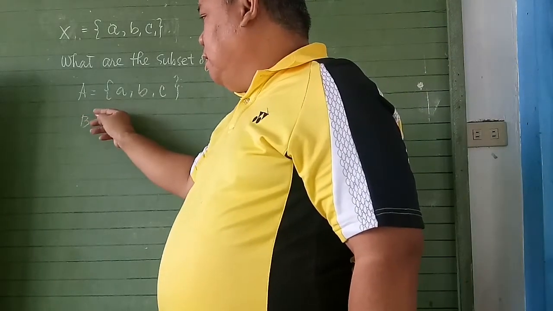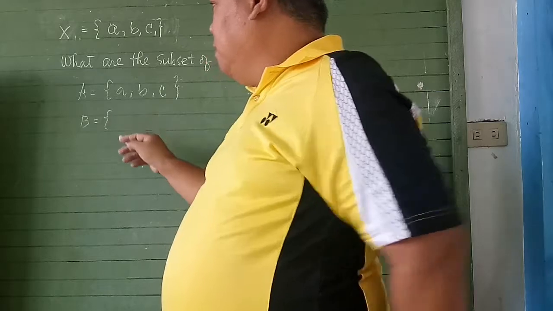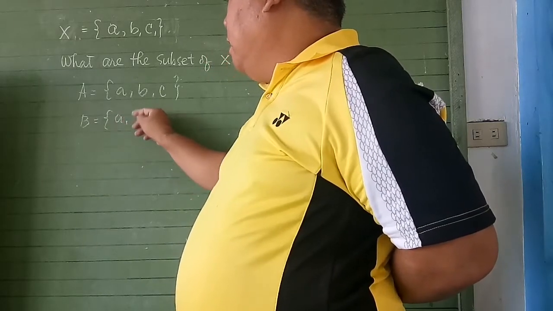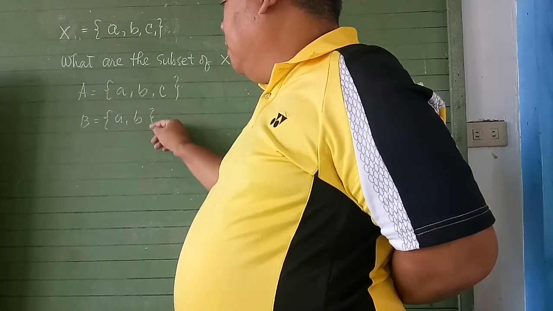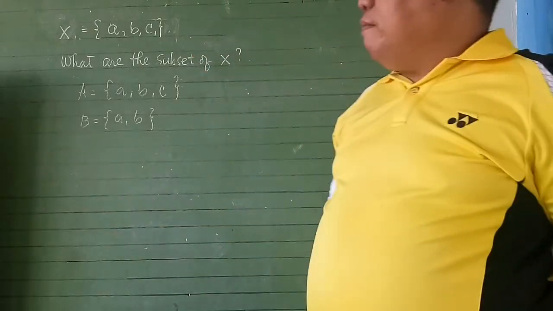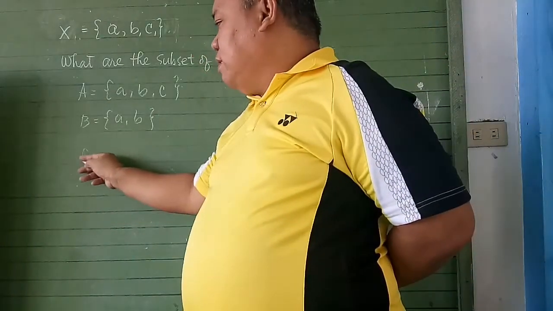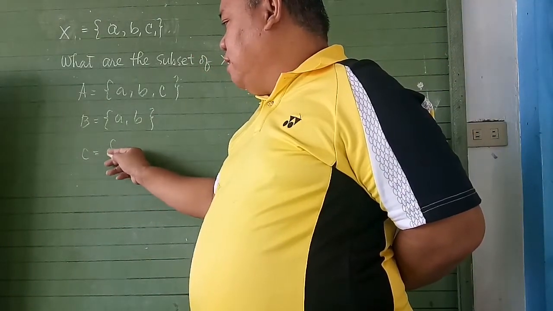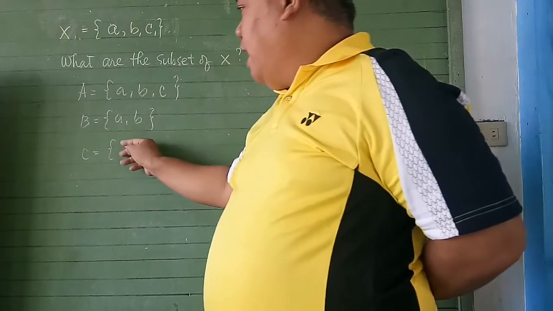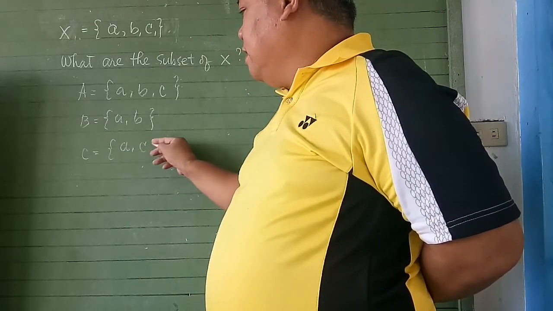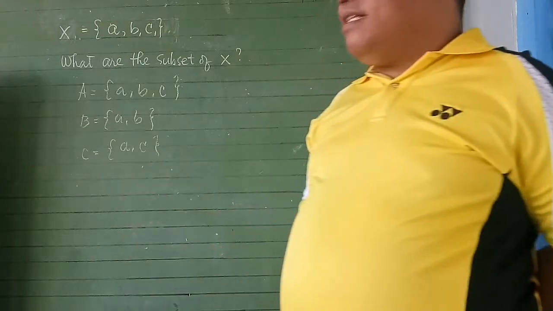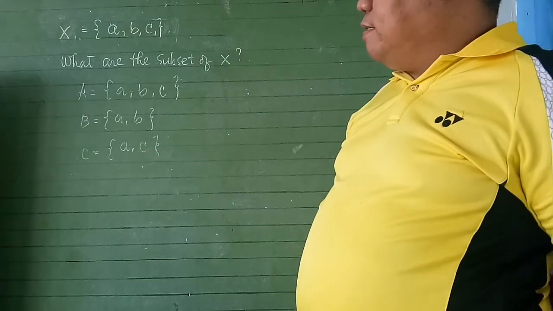B contains the elements A, B. Again, B is a subset of X. What about C? Set C contains A and C. Okay, so set C is a subset of X.